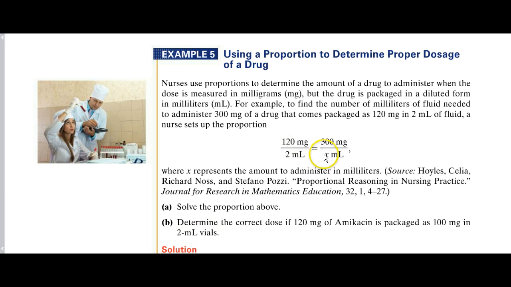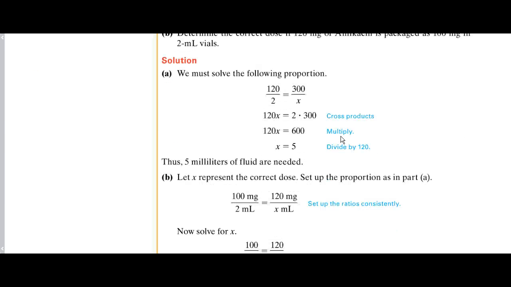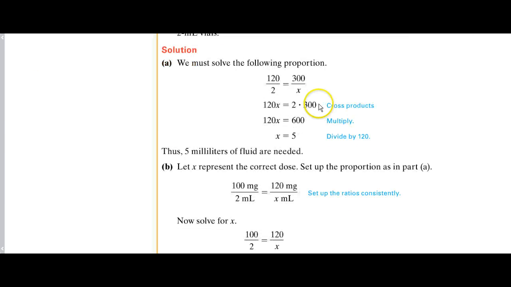So let's solve this one first by cross multiplying, and it's set up here so we can just follow along with it. We're going to cross multiply, so we get 120x equals 600. Divide both sides by 120, we get x equals 5.